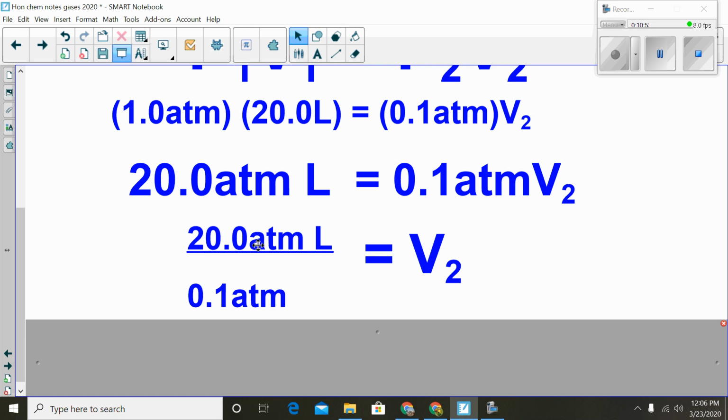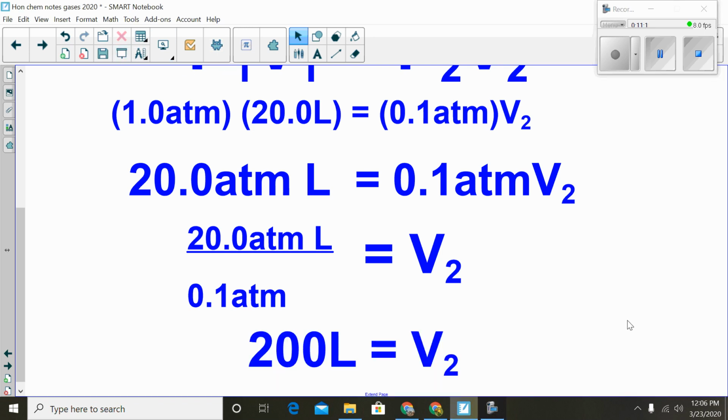So it's 20 ATM times liter divided by 0.1 ATM. Now, if you notice, we have two similar, so if you have two units that are the same, they can cancel. And this should make sense because we're trying to solve for volume, which would be in liters. So to solve this, it'd be 20 divided by 0.1, and your answer is 200 liters, which is V2.